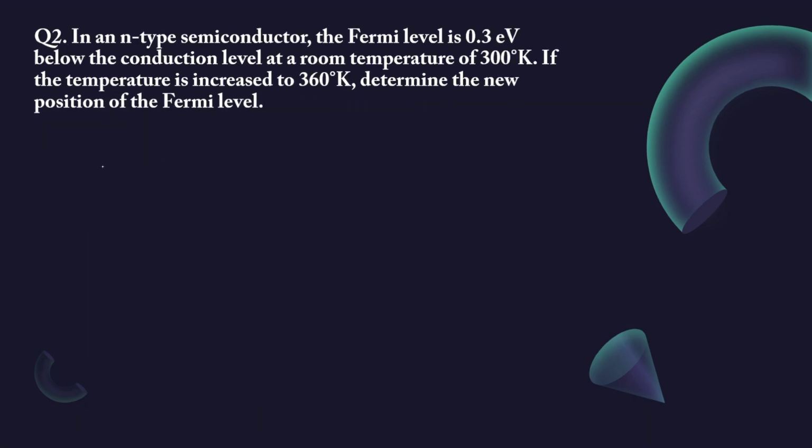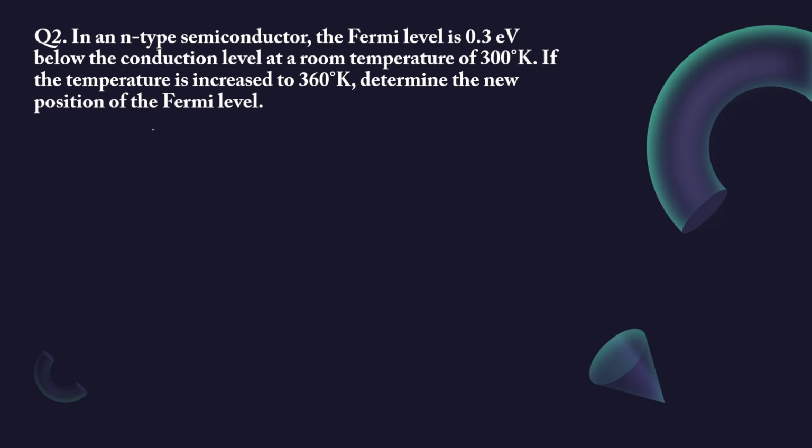Now moving to the next question. It is given that in an n-type semiconductor, the Fermi level is 0.3 electron volt below the conduction level at a room temperature of 300 degree Kelvin. If the temperature is increased to 360 degree Kelvin, determine the new position of the Fermi level.